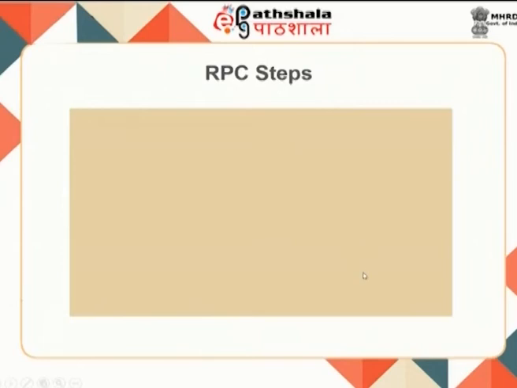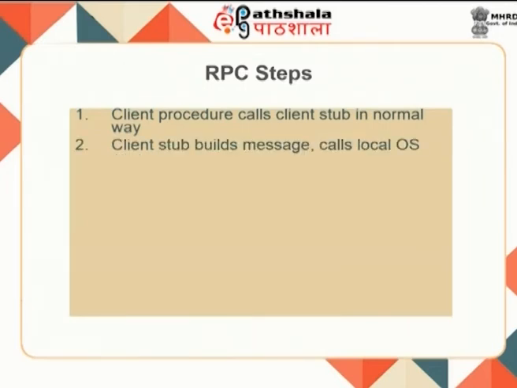So, here are the steps of RPC. First, the client process gives a procedure call to the client stub, which is another process running in the same machine. The client stub takes the trouble of building the message and calling the local operating system on the machine where it is running. Then the client's OS sends the message to the remote operating system.